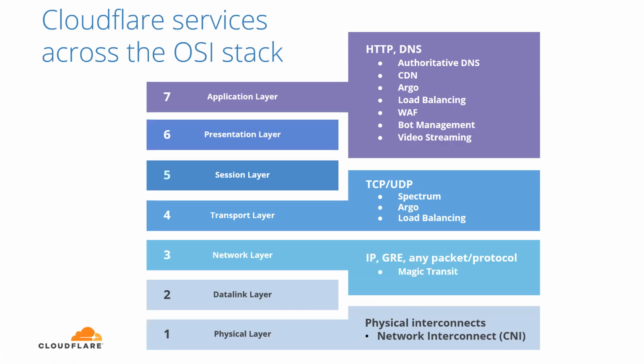Since we have been using it for ourselves, the product team thought, why don't we productize this and offer it to the customer? That is where Magic Transit comes from. So we extend our capability to also protect a customer's IP prefix through GRE tunnel and BGP Anycast.